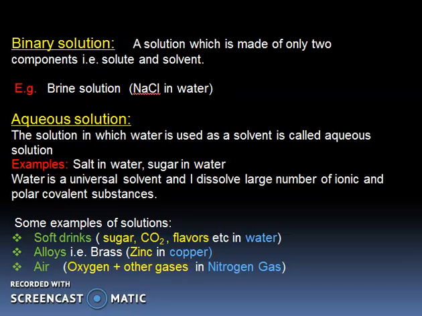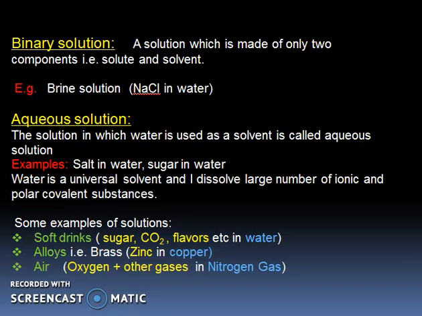Sodium chloride is taken as solute and water is taken as solvent. So overall the solution has only two components, and it is called a binary solution. Binary means two, so the solution must have two components.